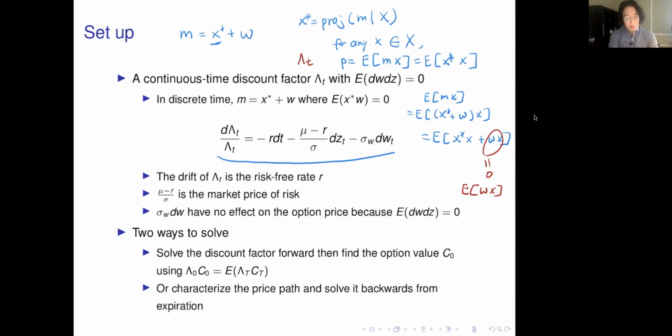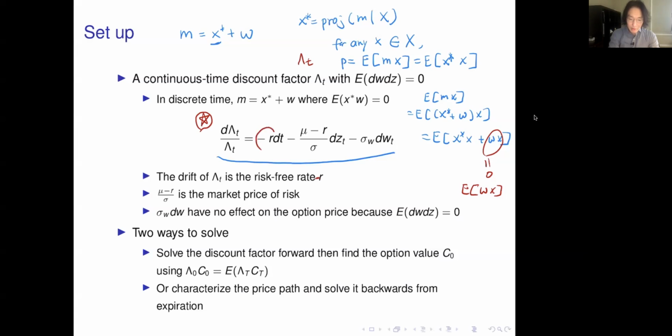So in the continuous time analog, the following holds. First of all, how is the stochastic discount factor in continuous time defined? First, the drift should be negative of R. I mean, there's a typo. It should be negative of R, like here.